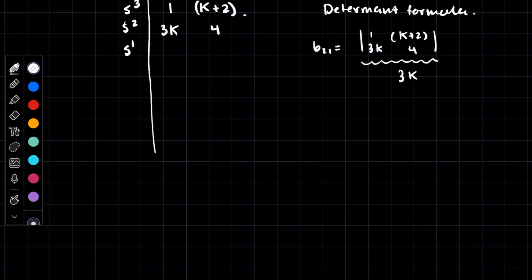We then expand the determinant, and this is going to be 1. And what we do here is multiply across here, and as well across here. So let's do that.